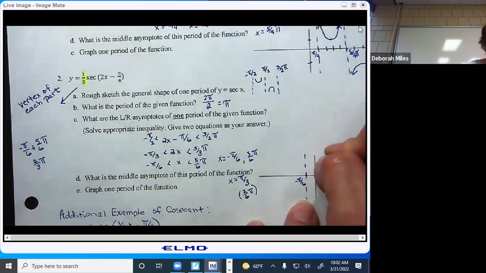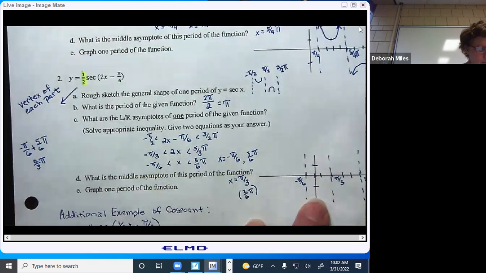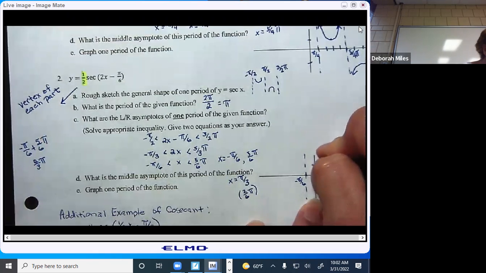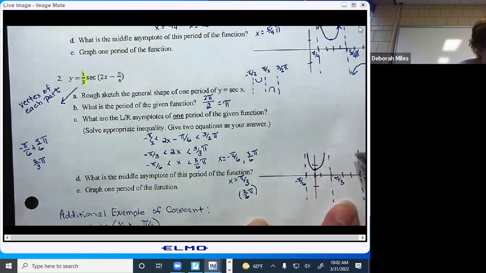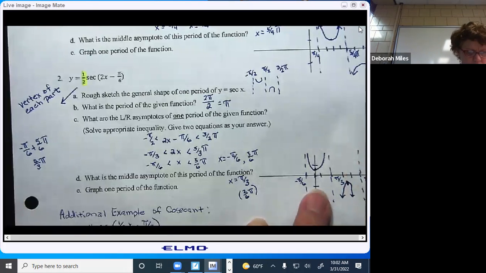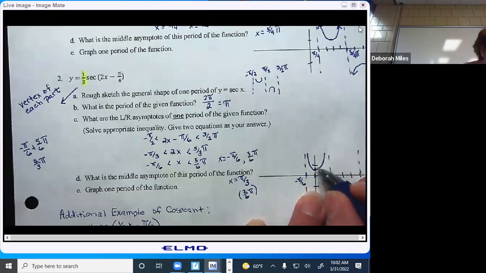It's going to be at positive 1/2 and at negative 1/2. And actually, that wouldn't be smack on the y-axis.